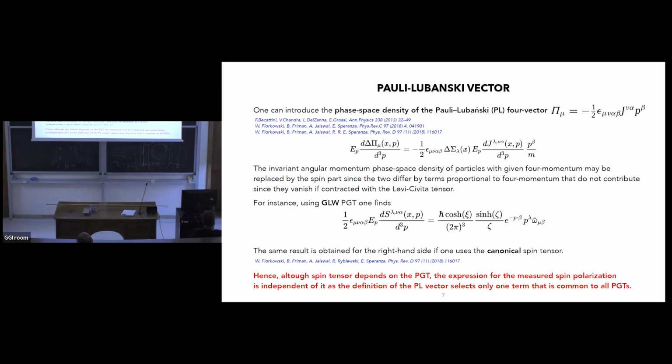So the average depends on the operator and the state. Yes. The operator, as you have discussed here, is mostly related to the form of the operator, which tells you the spin associated to a single particle as a function of momentum, and this is independent of pseudo gauge.